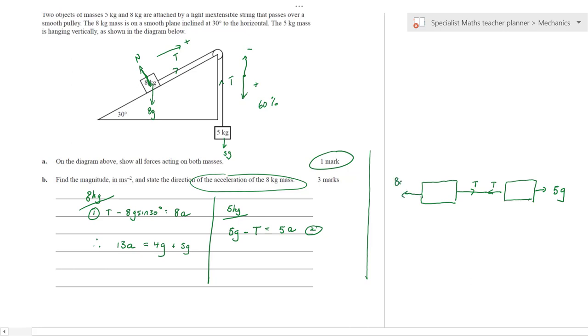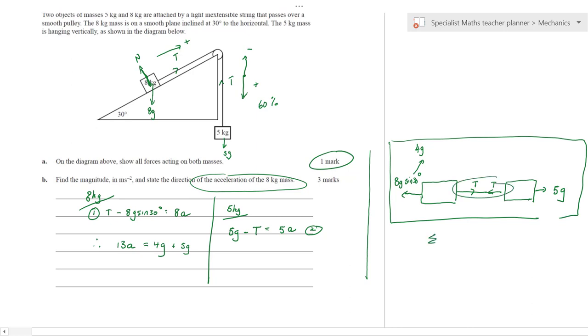So you don't know what the direction of motion is, which is the problem. Now, if you had this, which way do you think the direction of motion is? Now, 8G sine of 30 is 4G. So here's the funny thing, you could do this, and this is a good one to do in Year 12 physics as well. Let's have a look. Those two cancel out. What's the net force?